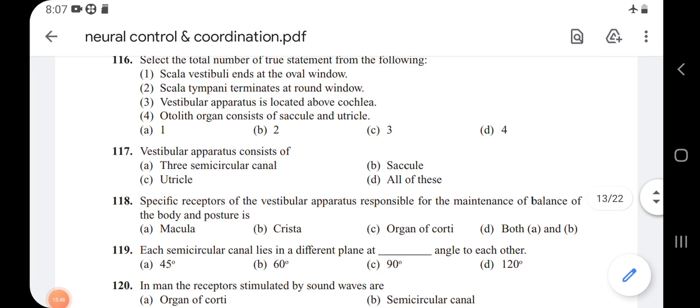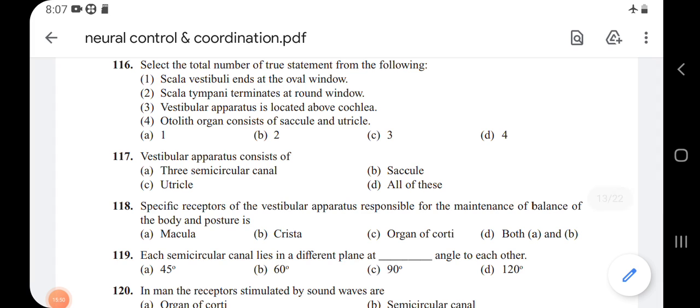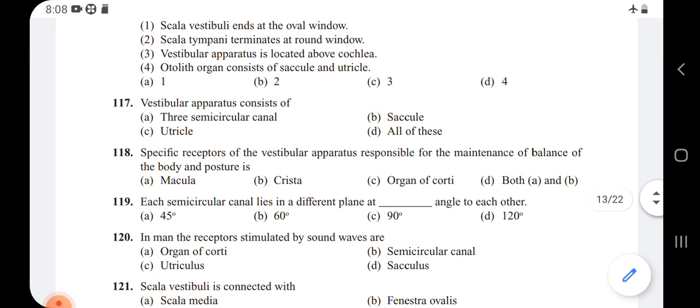That is correct. Scala tympani terminates at the round window, that is also correct. Vestibular apparatus is located above the cochlea, that is also correct. Otolith organ consists of saccule and utricle. So all four statements are true, so option D is the correct answer.